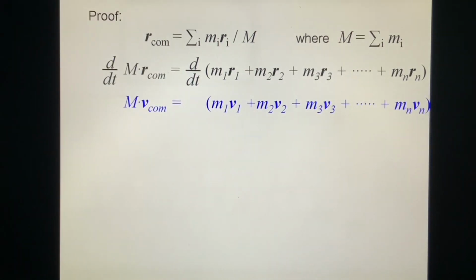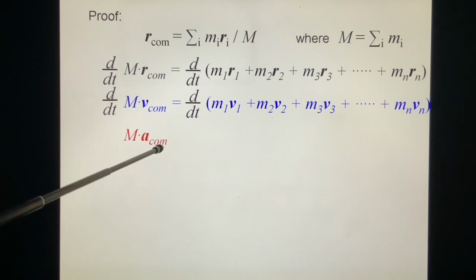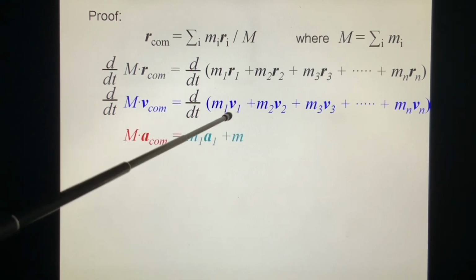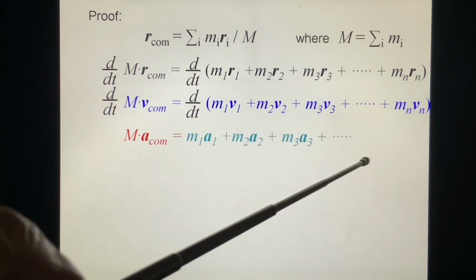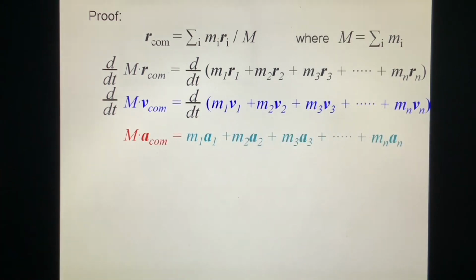Furthermore, we take the derivative with respect to time t on both sides again. Since dv/dt is acceleration, this is M a equal to m1 a1 plus m2 a2 plus m3 a3 up to mn an.